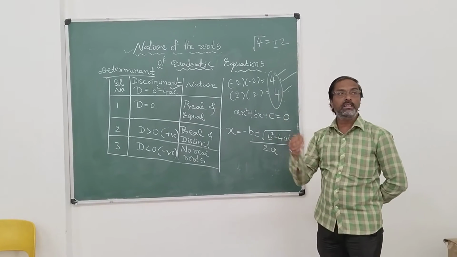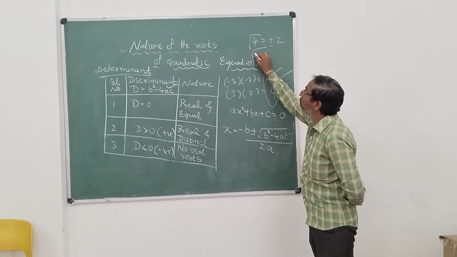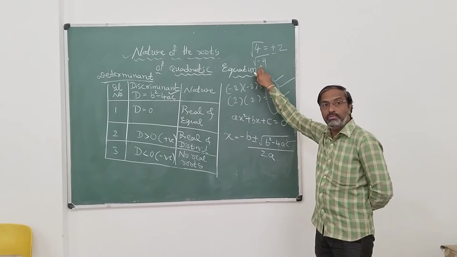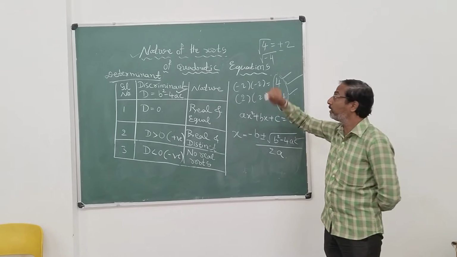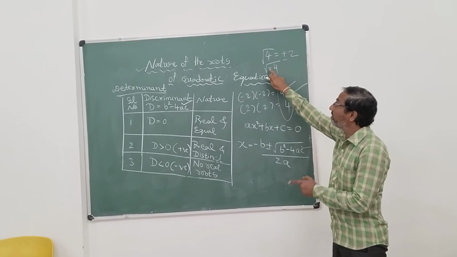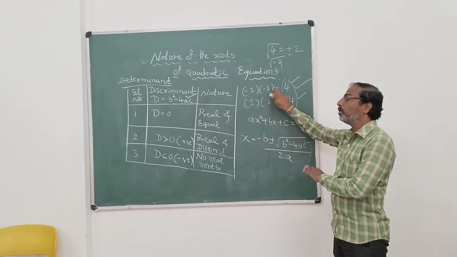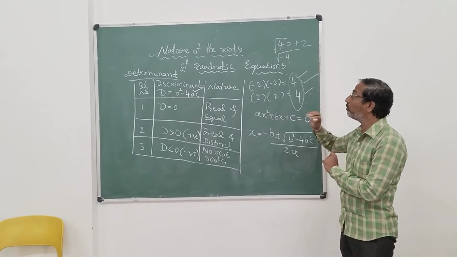But think of a number whose square root is minus 4. Do you get any answer for the root of minus 4? It is absolutely impossible, because multiplying minus 2 into minus 2 gives plus 4, and plus 2 into plus 2 is also plus 4.